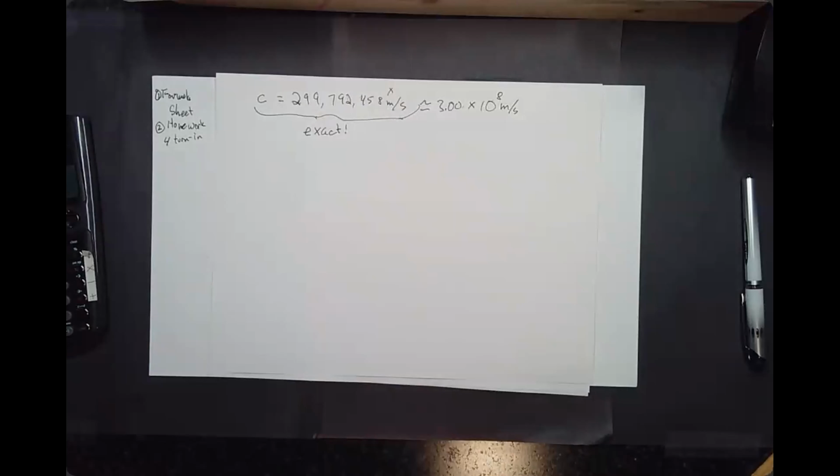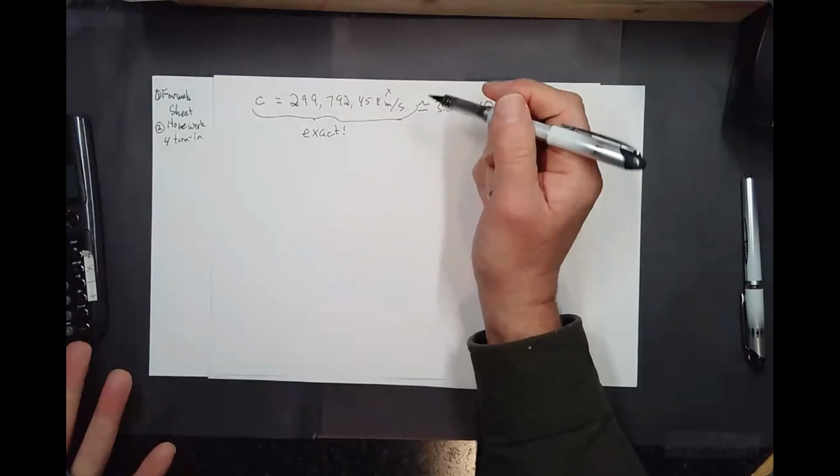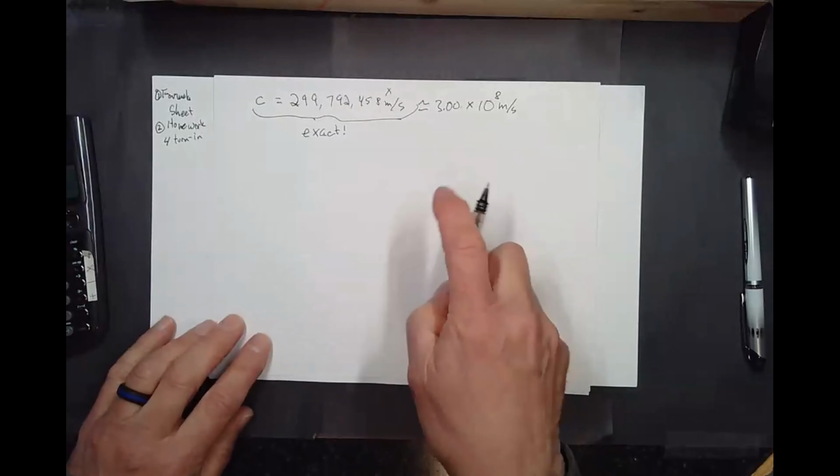It turns out that several years before that, it had become possible to measure the speed of light more precisely than they could measure the distance between two scratches on a platinum bar kept at a particular temperature in a museum in France. So at that time, they realized that platinum bar wasn't such a good thing anymore.